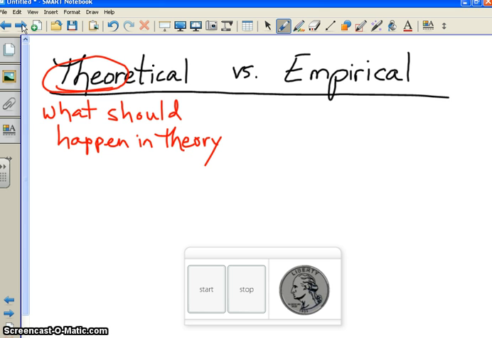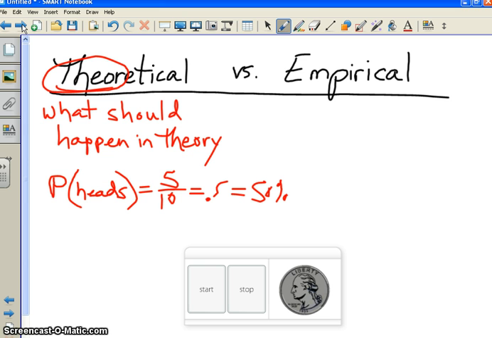So for example, this coin that I have down at the bottom of the screen, if I were to flip that coin 10 times, I should get heads 5 times and tails 5 times. So my probability of heads would be 5 out of 10, or 0.5, or 50%, whichever way you want to look at it. And the same thing would be true of tails. If I get heads 5 times, I should get tails 5 times.